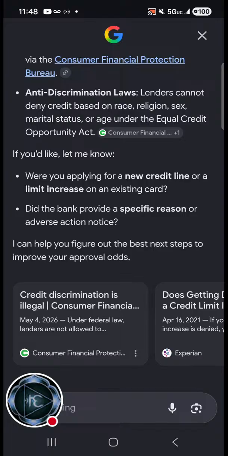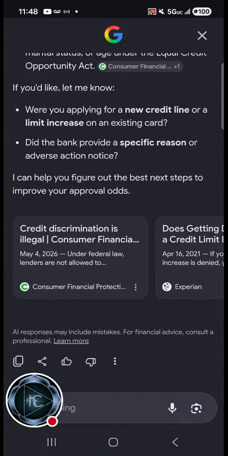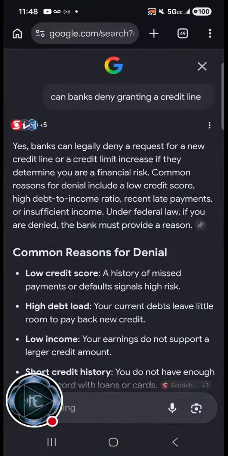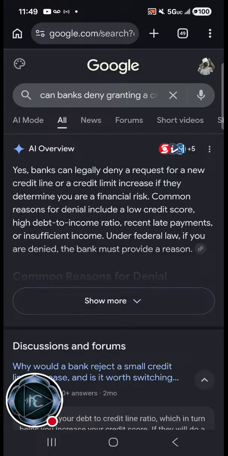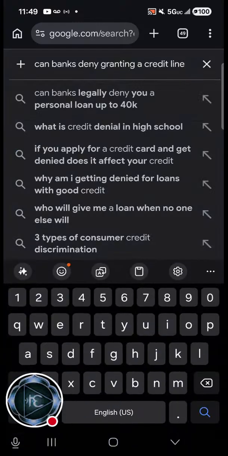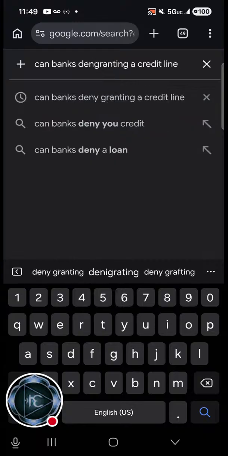And now the AI is asking, did the bank provide a specific reason or adverse action notice? Because the answer is no. The answer is no. Okay. Now, if you reword it and say, can they discriminate instead of deny?